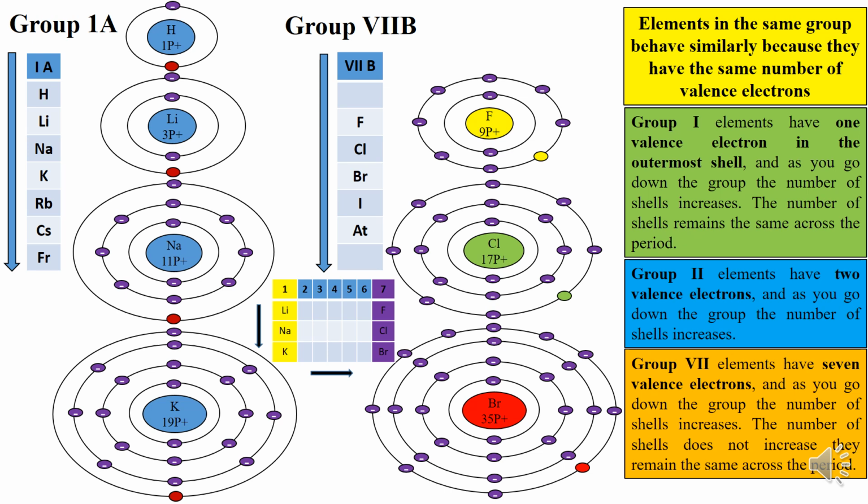Now let us compare lithium with fluorine. Lithium has 2 shells, fluorine has 2 shells. What about sodium and chlorine? Sodium has 3 shells, chlorine has 3 shells. What about potassium and bromine? Potassium has 4 shells, bromine also has 4 shells. So going down the group, the number of shells increase, while going across the period in the periodic table, the number of shells remain the same.